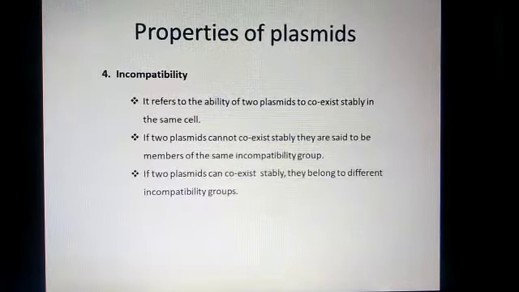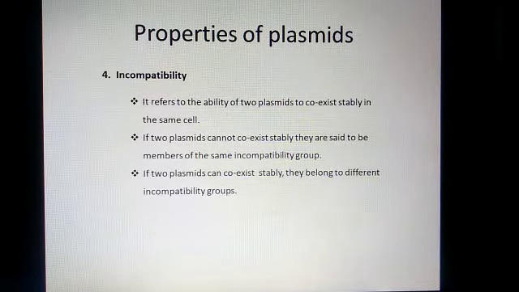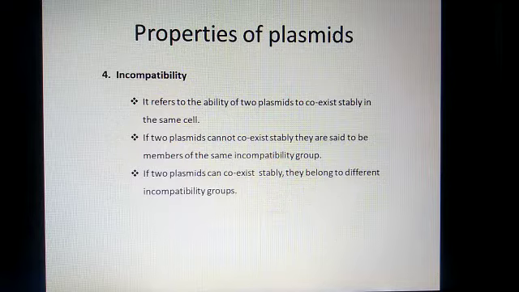Another function of plasmids that is controlled by the ori region is incompatibility. Incompatibility refers to the ability of two plasmids to coexist stably in the same cell. Many bacteria, as they are isolated from nature, contain more than one type of plasmid.